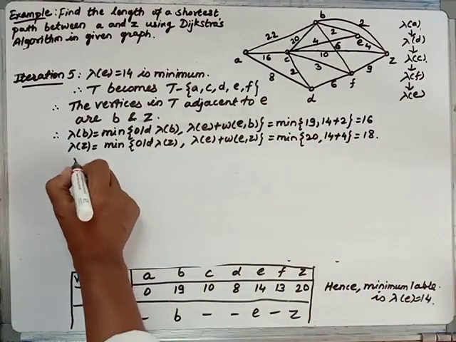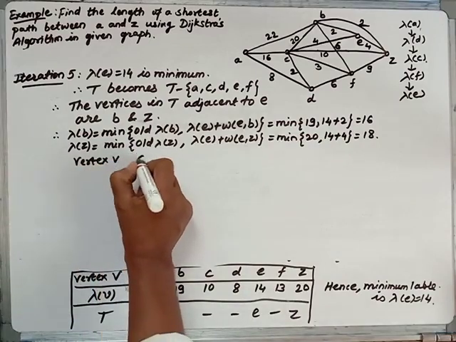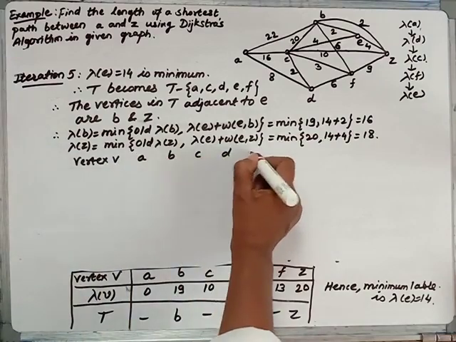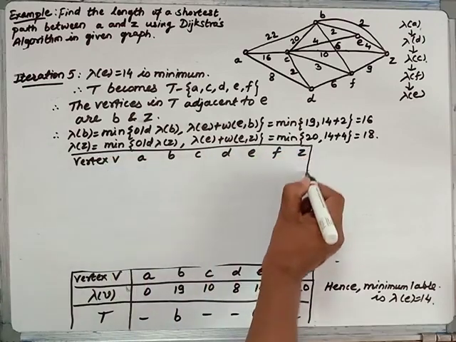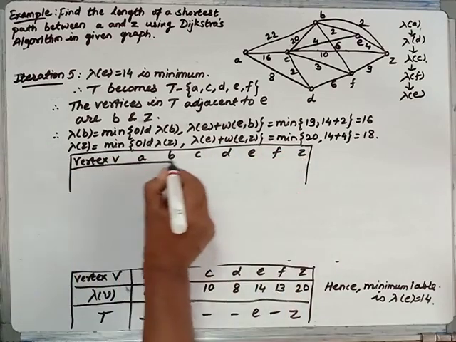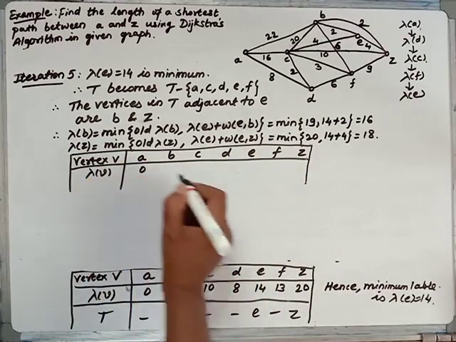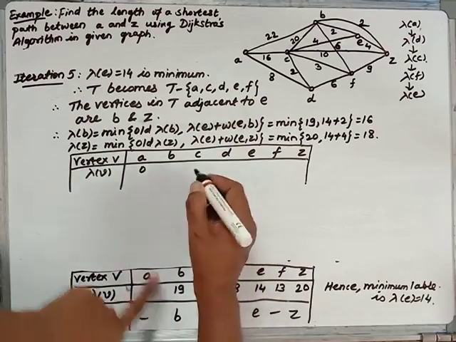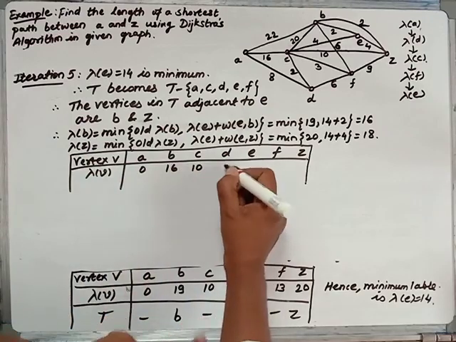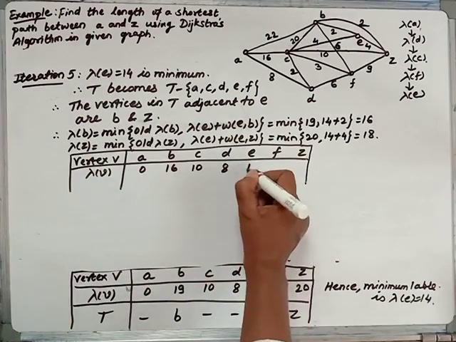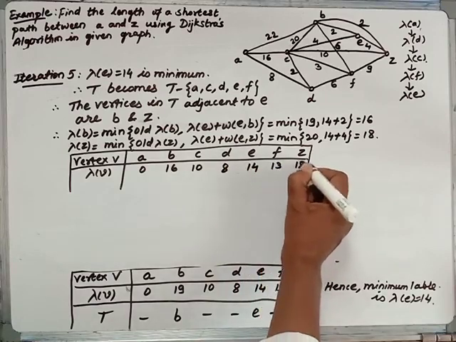So our new labeling is vertex V, A, B, C, D, E, F, Z. Lambda of V for A 0, for B it will change to 16, for C it is 10 as it is, for D it is 8 as it is, for E it will be 14 as it is, for F 13 as it is. For Z it will now be 18.